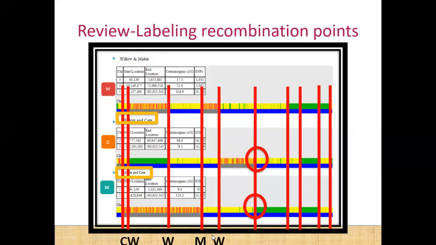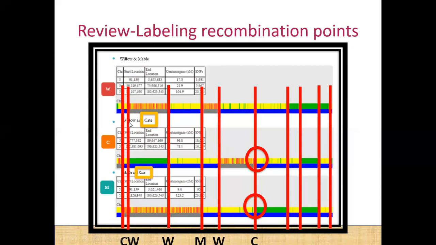The next recombination line has changes in the bottom two comparisons, moving from a no match to a half match. And then the bottom comparison moves from a half match to a full match. Both these comparisons have Kate in common.